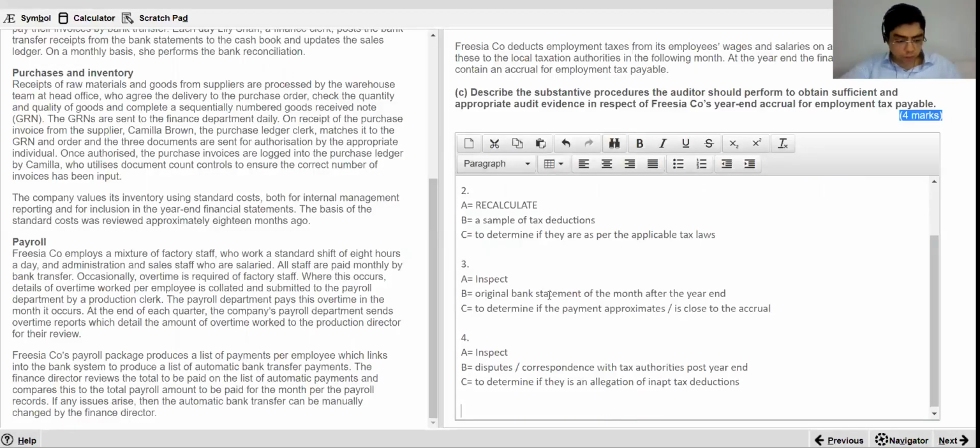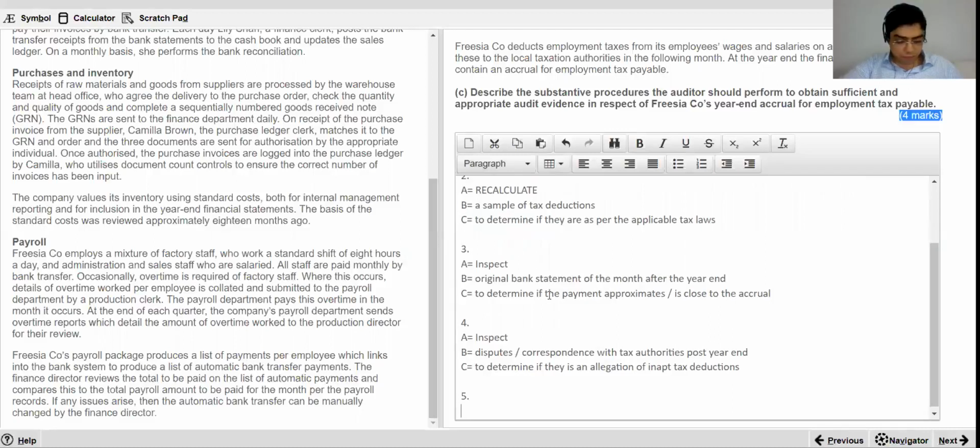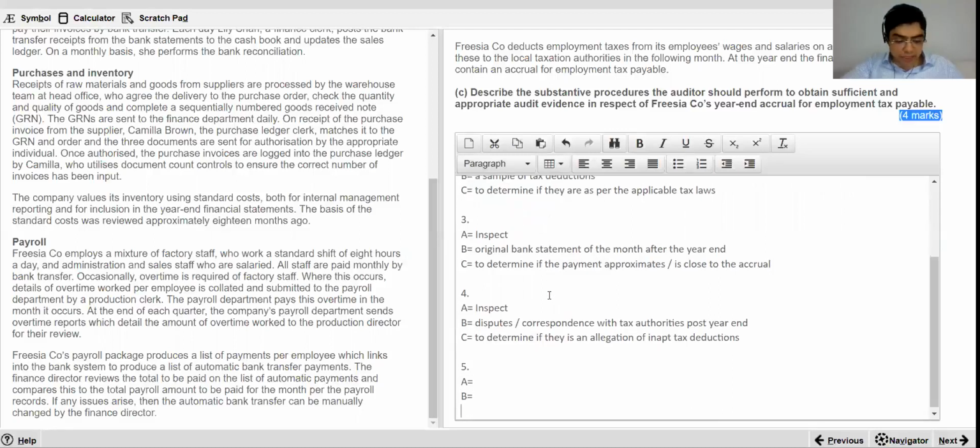So another procedure could be, for that matter, if you think about the completeness, you could inspect the accruals listing and match with payroll listing to confirm that all employees' tax deductions have been made.